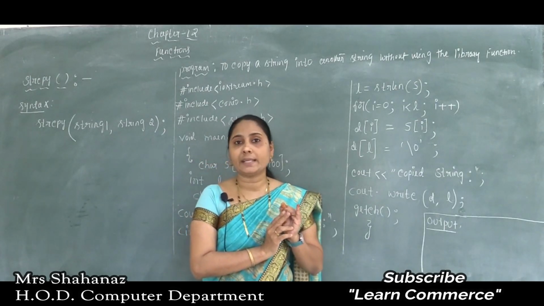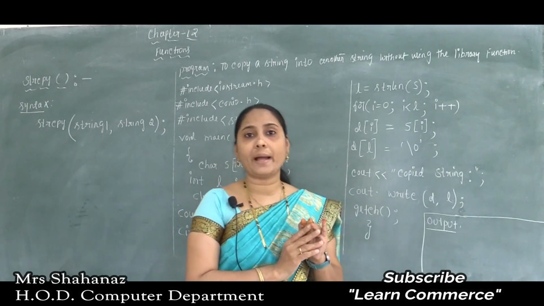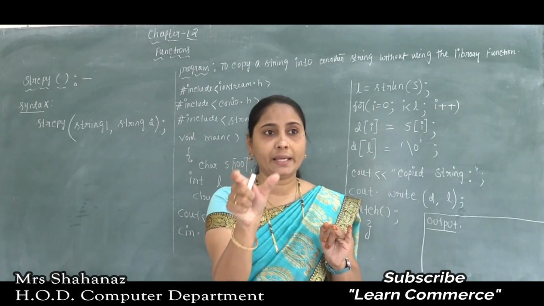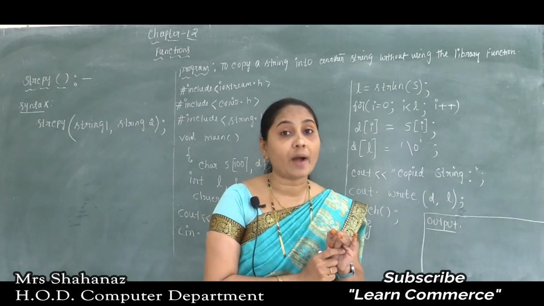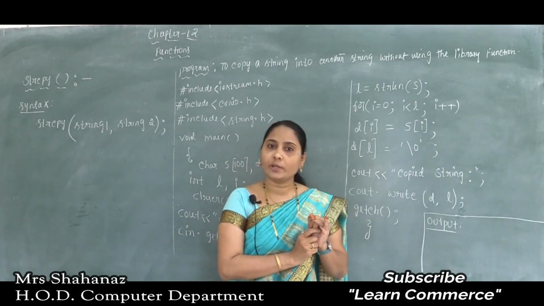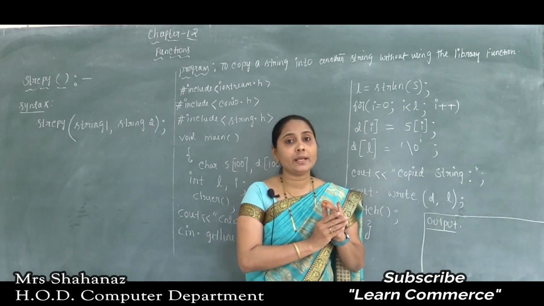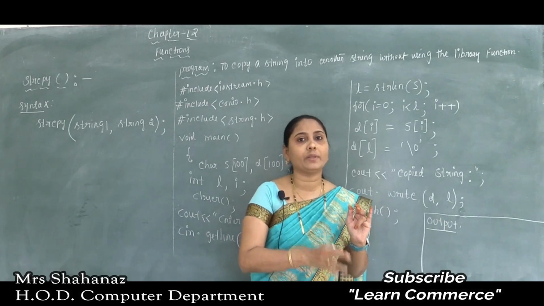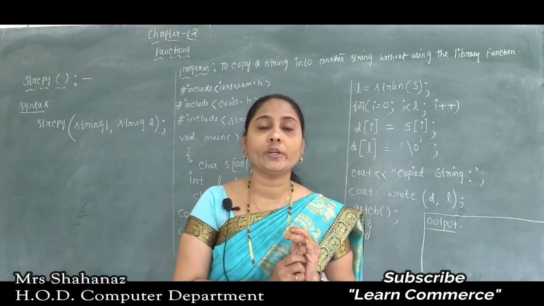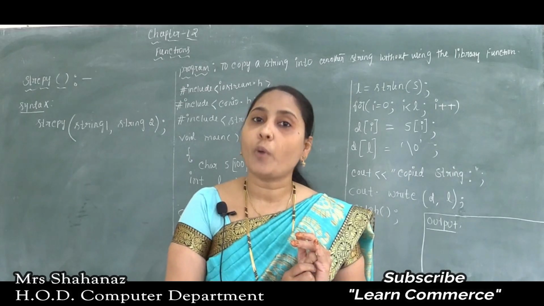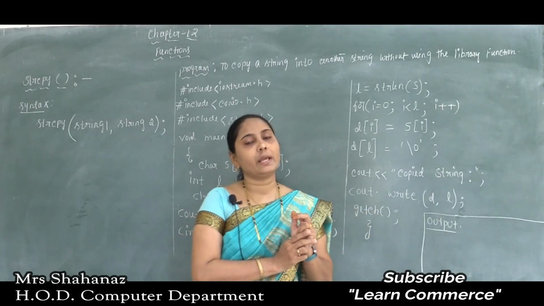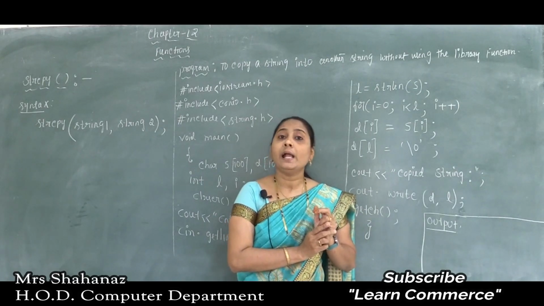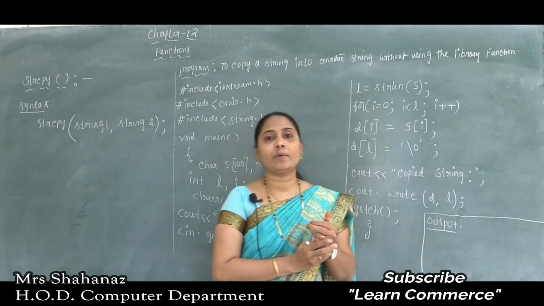That means each character is compared from string 1 to string 2, and we already know if both strings are equal then it returns the value zero. If string 1 is greater than string 2, then it returns a positive value, or if string 1 is less than string 2, it returns a negative value. We already know this from our last class.